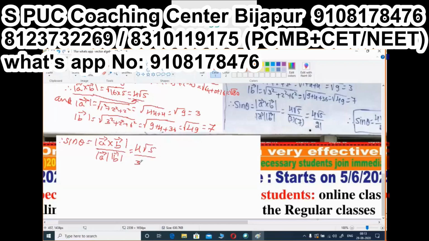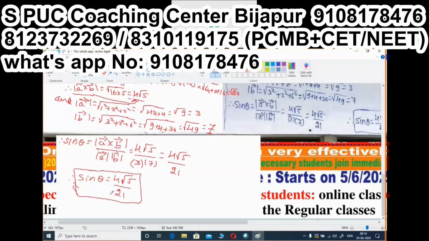What is the modulus of b here? That is 7. So you simplify that, you are going to get 4 root 5 divided by 21. So this is the required sine of the angle between the two vectors he has given. That is 4 root 5 divided by 21.